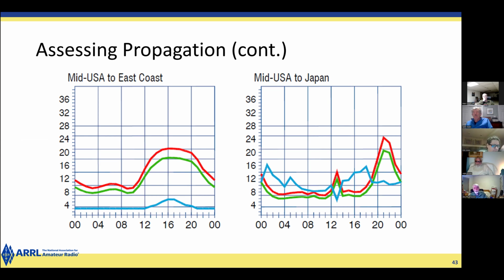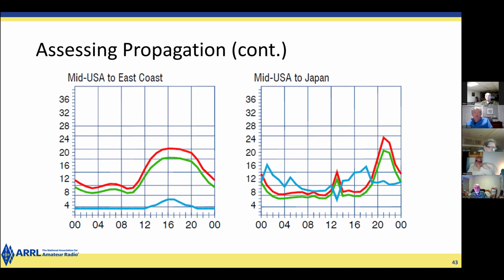And if you look at where the ham bands are between Kansas and New York, let's say, when it is midnight Zulu time, which is about 7 or 8 p.m. depending, in other words, just after sunset, you'll see that 40 and 80 meters are going to be open on this path. When it's the middle of the day, 16 hours Zulu is 11 o'clock or noon Eastern, or an hour earlier Central.